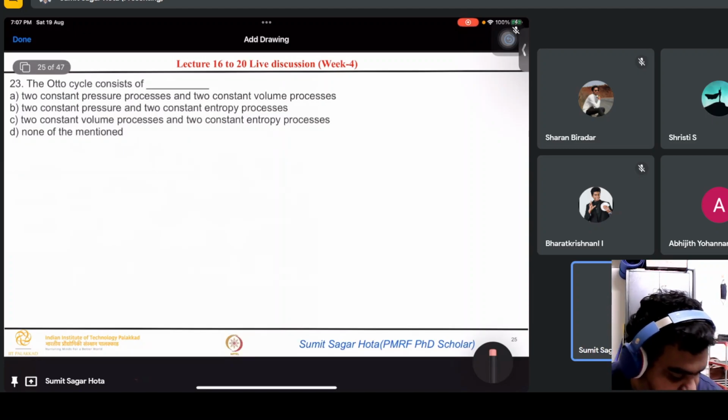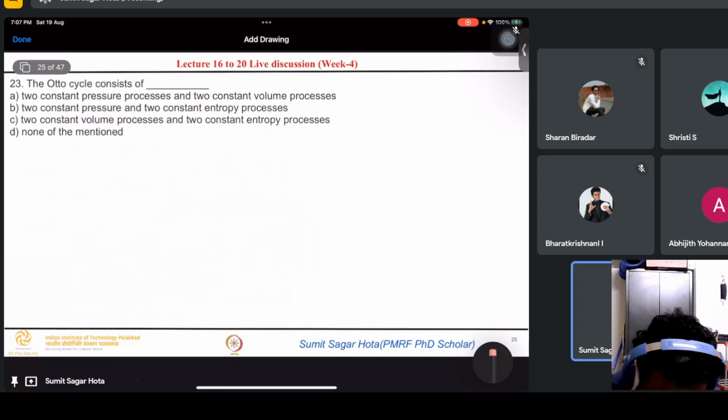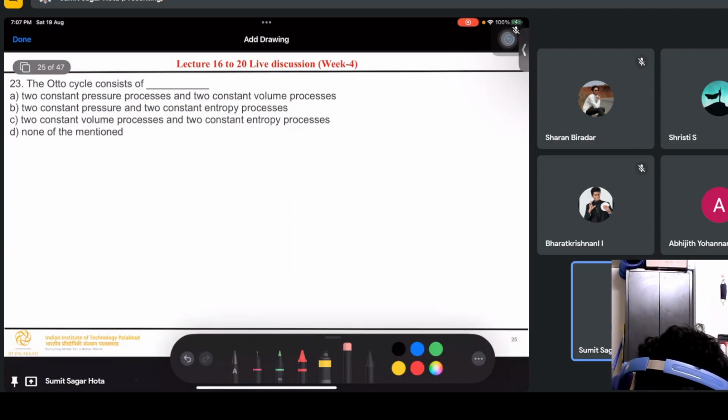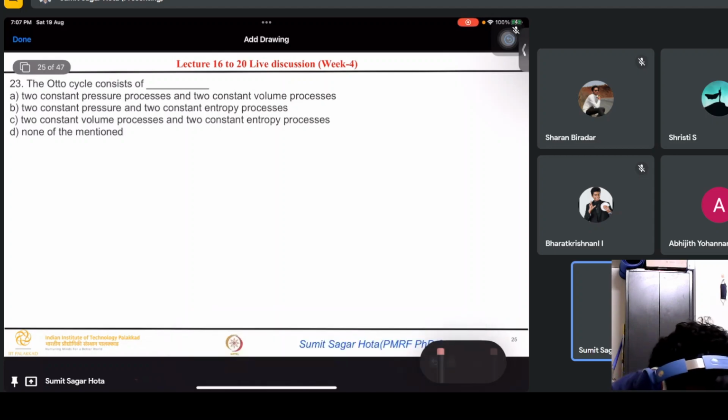The Otto cycle consists of what? First of all, when this kind of question is there, your first task should be to draw the cycle.